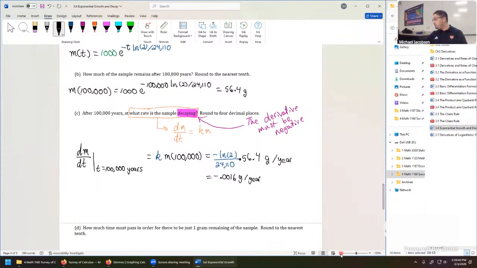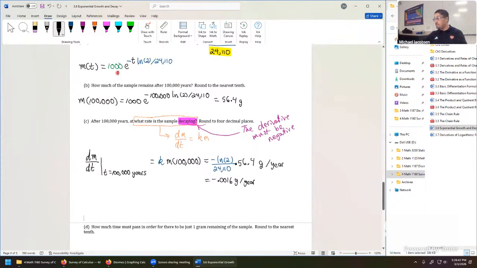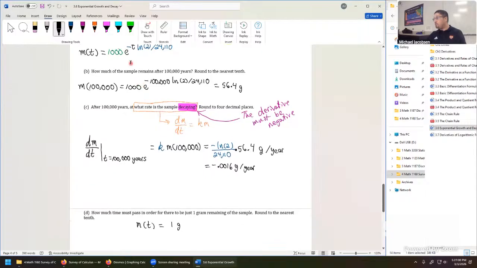We're going to need the original model to start out. So here it is. And from this piece of information here, we can just say mass at time t set equal to 1 gram, or G for grams. Then on the left-hand side, just like we did on example 2, we input the model.